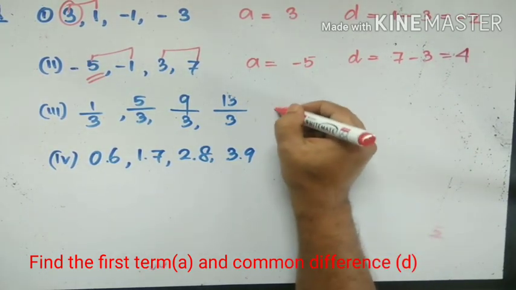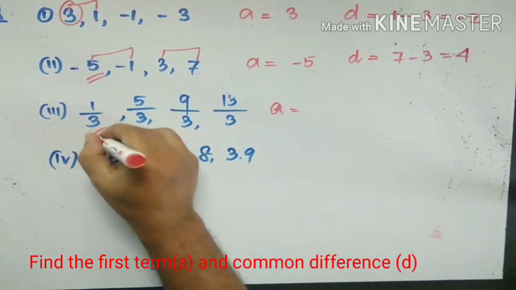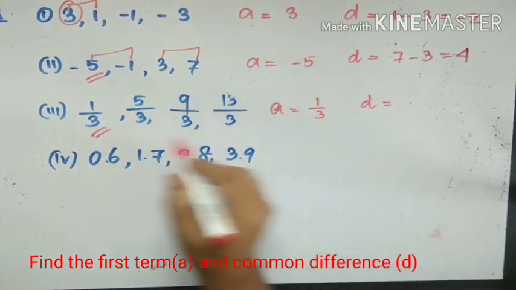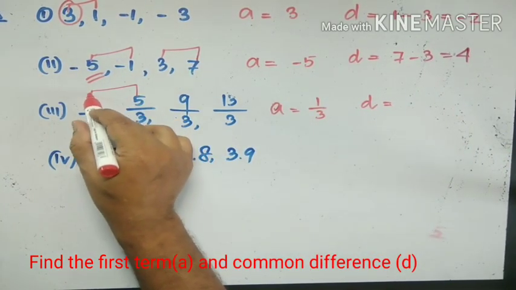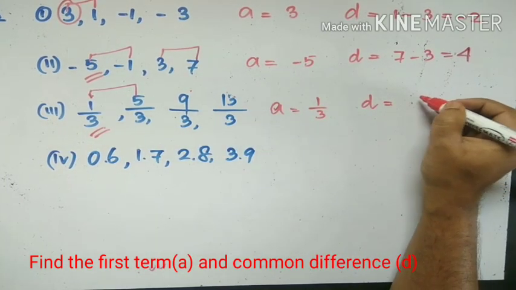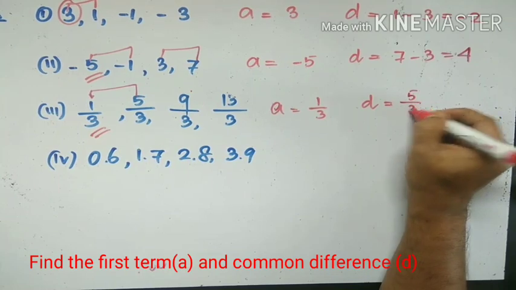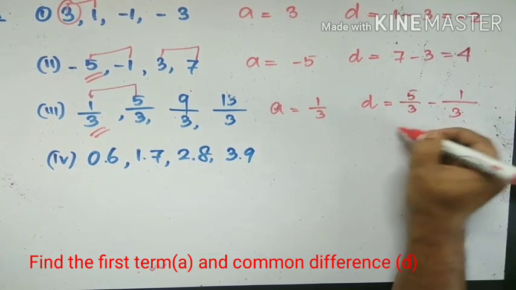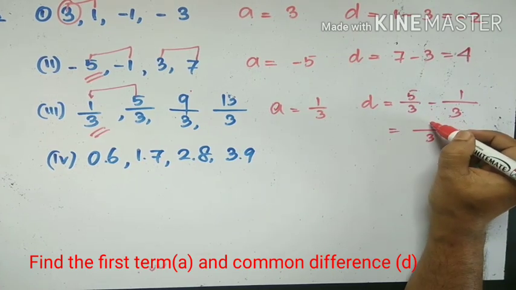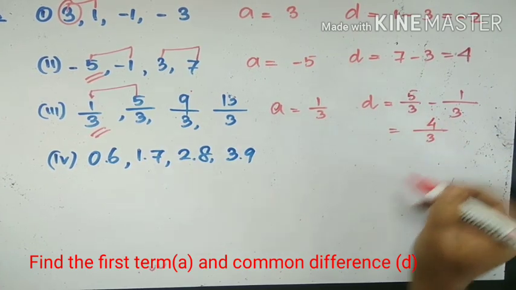In this example A, the first term, is 1 by 3, and the common difference D, this one minus this one, you can do either way and we'll get the same result. 5 by 3 minus 1 by 3, that means 3 is the LCM. 5 minus 1, that will be 4 by 3.